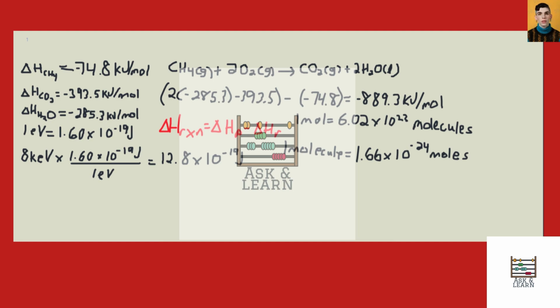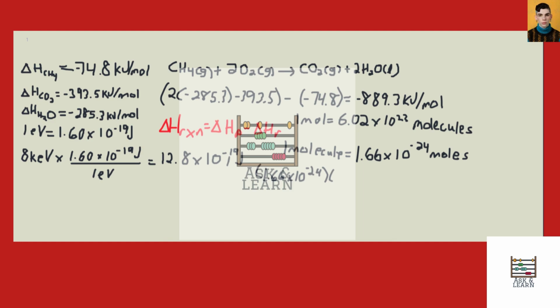So we're going to multiply 1.66 times 10 to the negative 24, and multiply that by our kilojoules per mole.